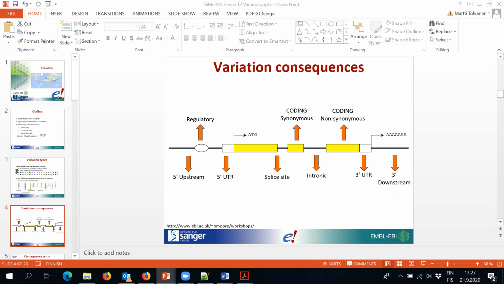So, effects of synonymous substitutions. Well, there's a marginal chance that we might have a change in the speed of translating the transcript.